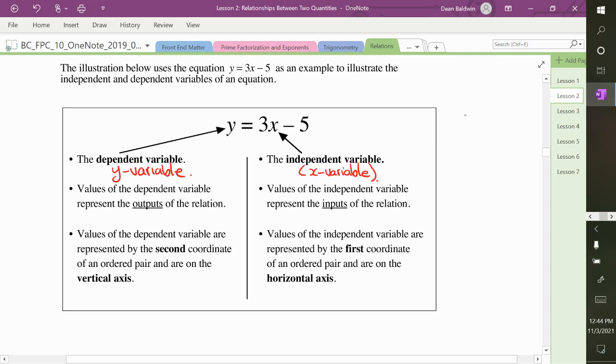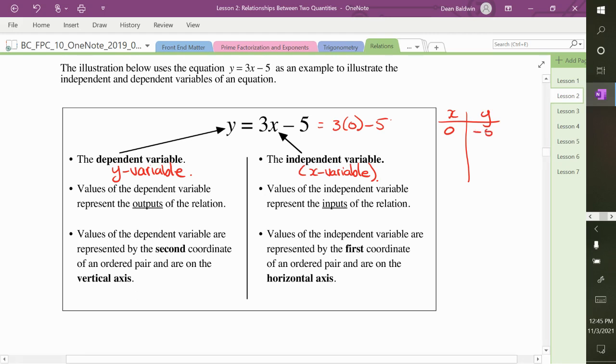So for example, if you're doing a table of values, X, Y, and we'll use this equation here, and I say X is 0, I get to pick 0. It's independent of everything else. If I put 0 into this equation, what do I get out? So I put 0 in for X. I'm going to get 3 times 0 minus 5. What's 3 times 0? Minus 5.